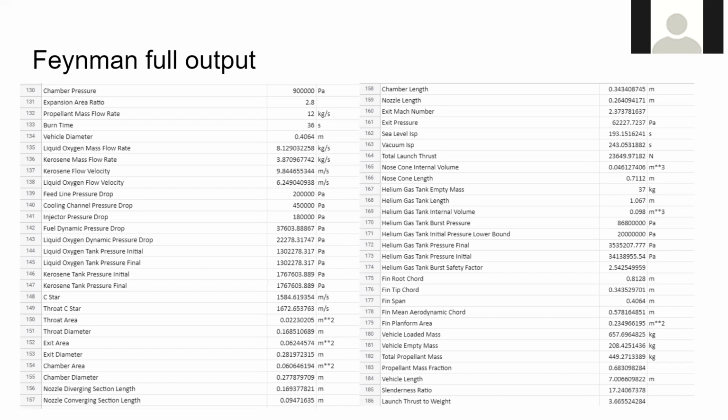This is both good and bad, because it allows us to design things very quickly, but it's bad if a flaw in the code occurs, because that can throw everything else off. So a lot of our physical testing and design comes full circle and goes back into Feynman to help improve it.